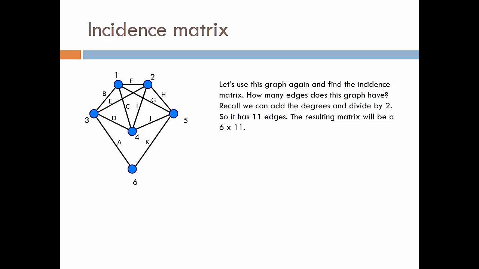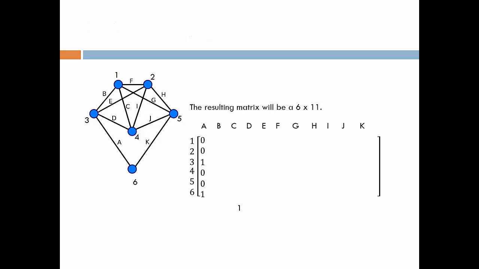So we have 1, 2, 3, 4, 5 vertices, each of degree 4. So there's 20 plus 2 more. So we have the sum of the degrees is 22. So by the handshaking lemma, half of that's 11. We have 11 edges. So 6 vertices and 11 edges will give us a 6 by 11 matrix.